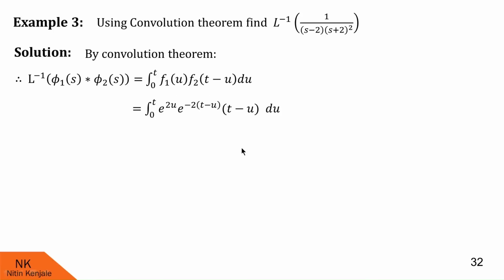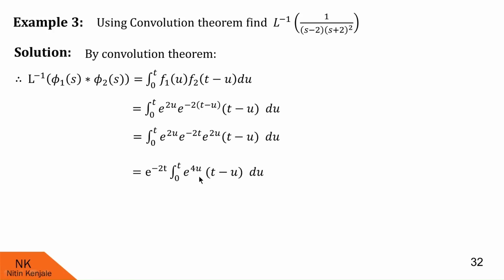Now further simplifying this, we get e raised to 2u, e raised to minus 2(t minus u) into (t minus u) du. Since this integration is with respect to u, e raised to minus 2t is constant, so we can keep it outside. e raised to 2u into e raised to 2u is e raised to 4u. Now we integrate e raised to 4u into (t minus u) using the integration by parts rule.